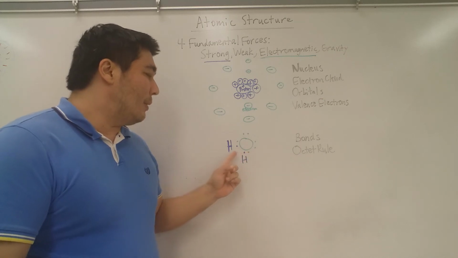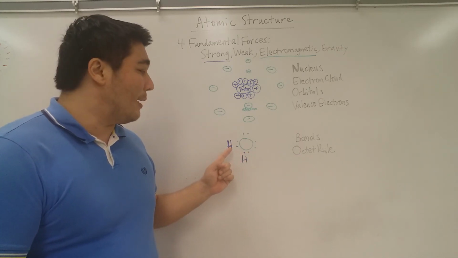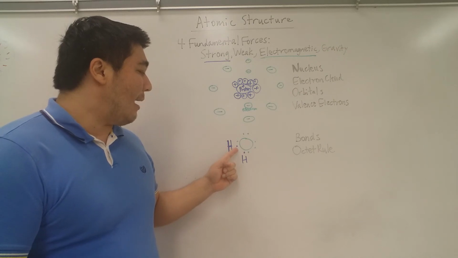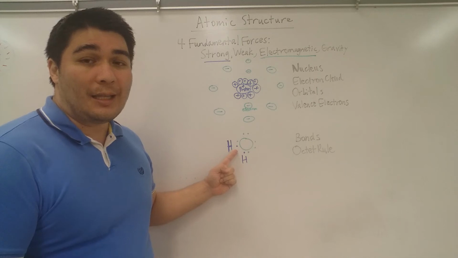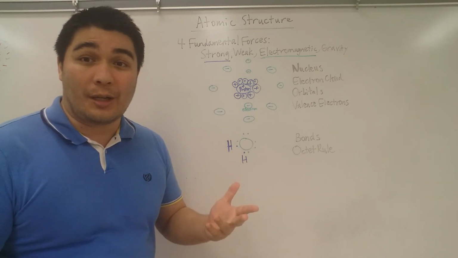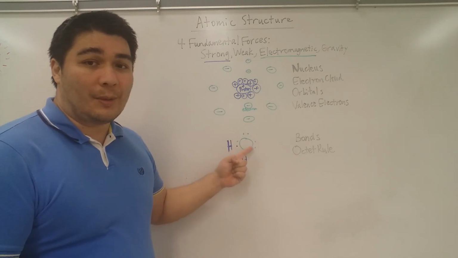What happens is the hydrogen atoms get something out of this chemical reaction, because they have one electron, represented by this blue dot, but they get to share an electron with the oxygen.